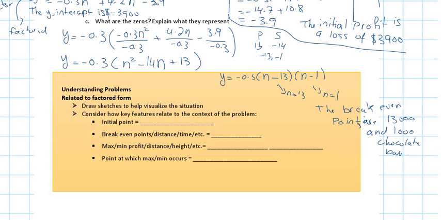When the question is asking you for, for example, the initial point, you need to understand that you're looking for the y-intercept. You need to understand what form you need to put it in. So I know here that if I'm looking for the initial point, I'm looking for the y-intercept, and I have to put it in standard form.